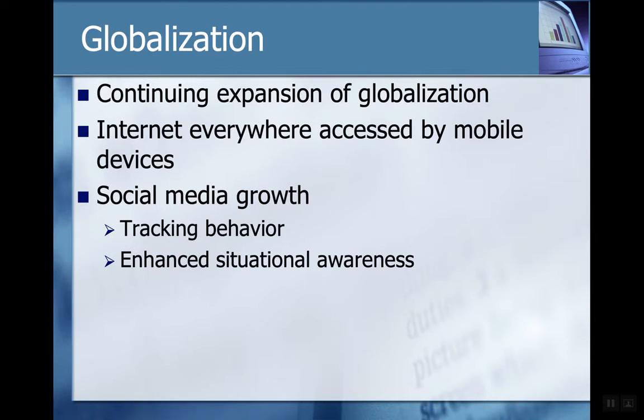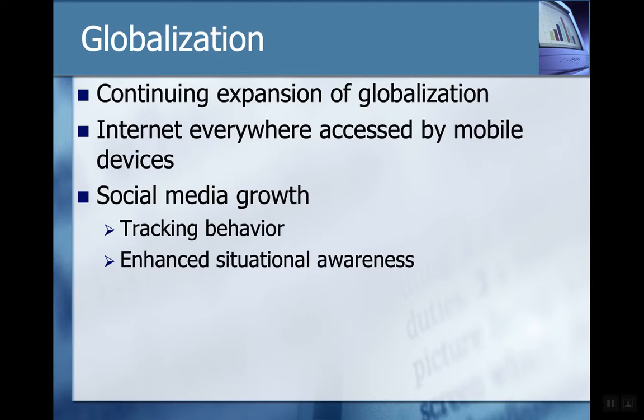So, the first thing we've seen, and we talked about this in topic 12, is globalization. We're not going away from globalization. So we're going to see continuing expansion. We're going to see internet everywhere, continuing to grow.